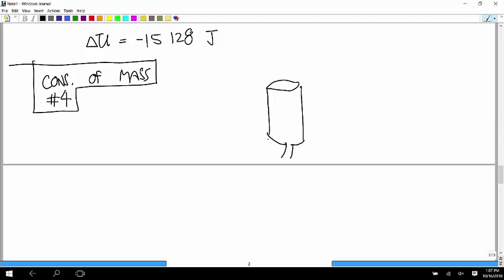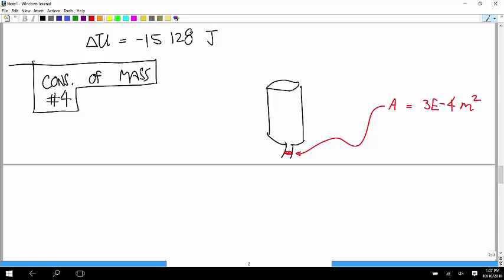The cross-sectional area of the duct, so we're talking about this cross-sectional area, is 3 times 10 to the minus 4th meters squared.